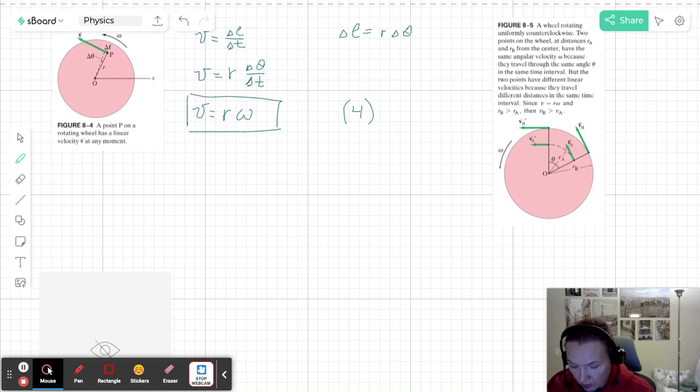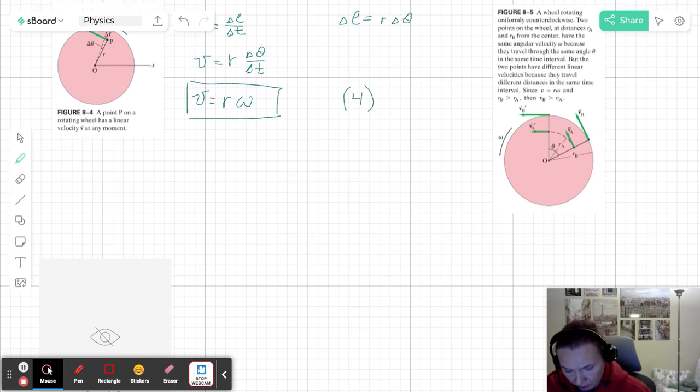Now the same thing about acceleration. We remember the angular acceleration is related to the tangential acceleration by an equation. Tangential acceleration is linear, so it's delta v over delta t. Delta v is r delta omega, so the tangential acceleration is r delta omega over delta t.